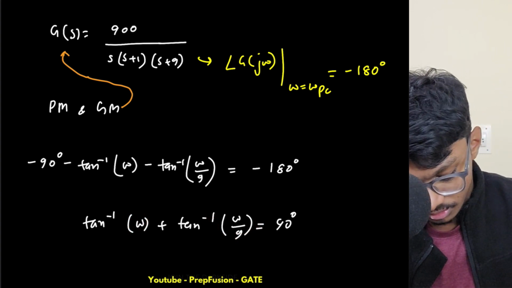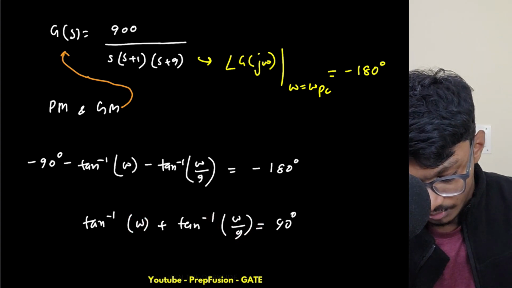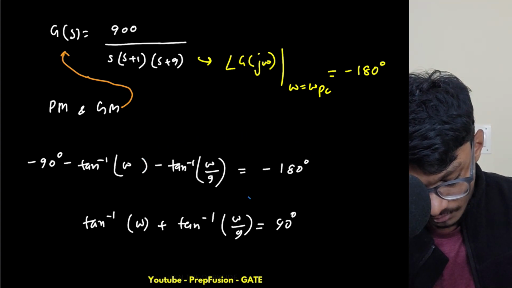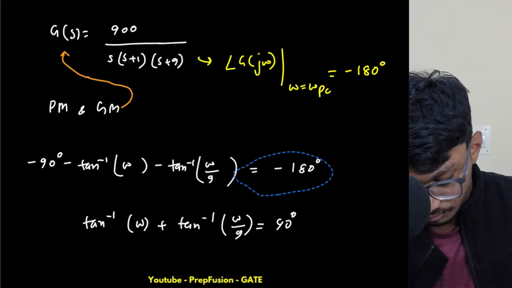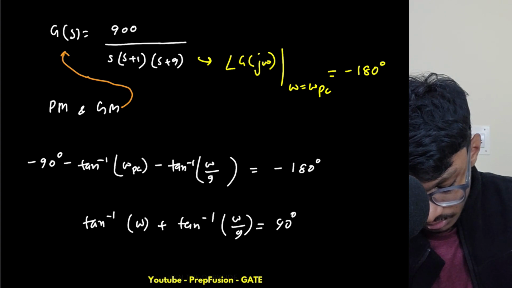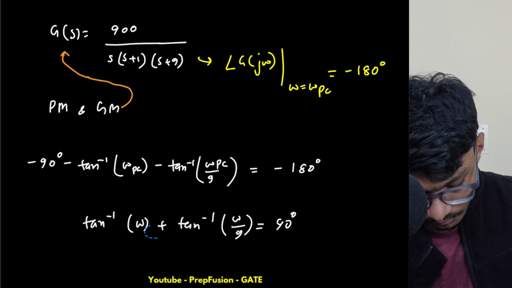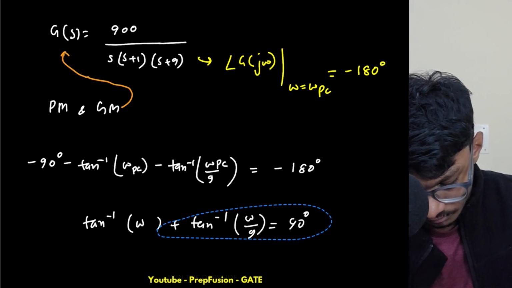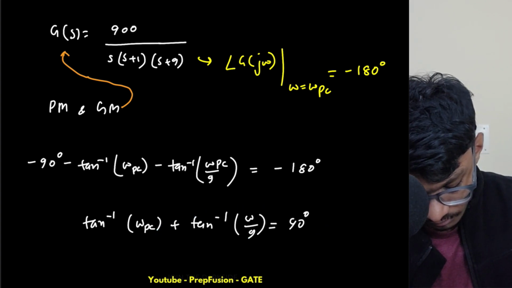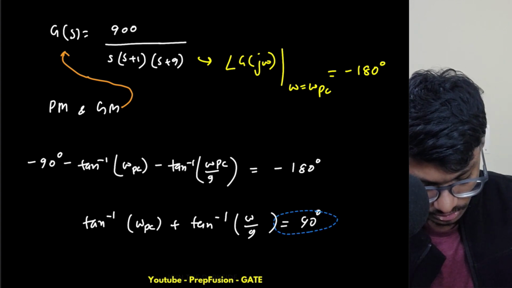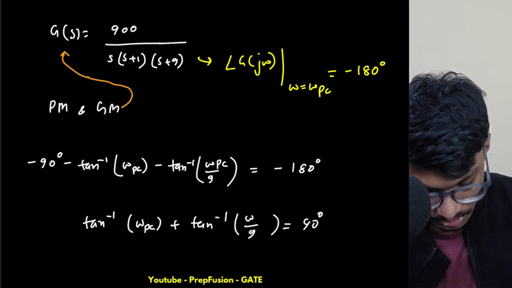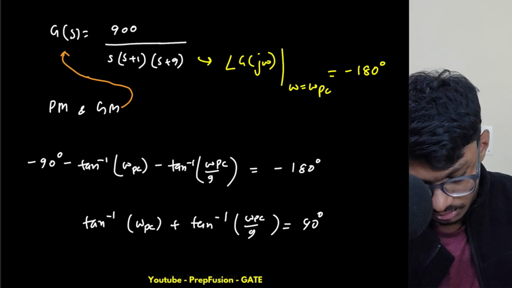I forgot to write that omega will be equal to omega pc. So let me write that here. This is omega pc, this is omega pc, this is omega pc, and this is also omega pc.